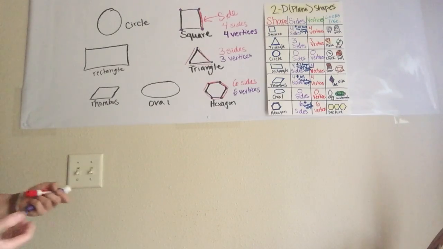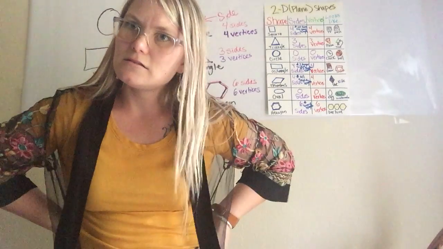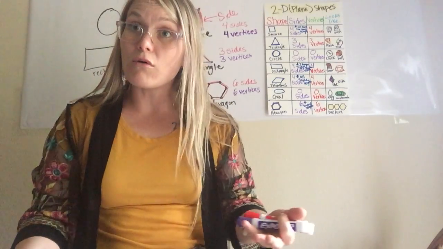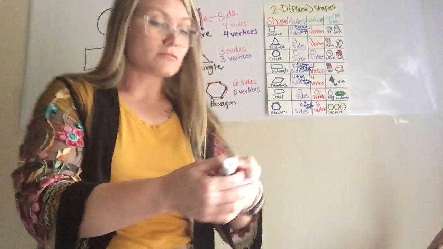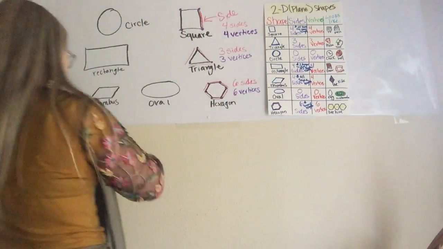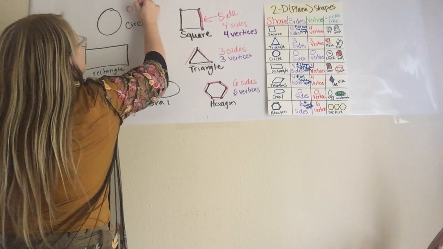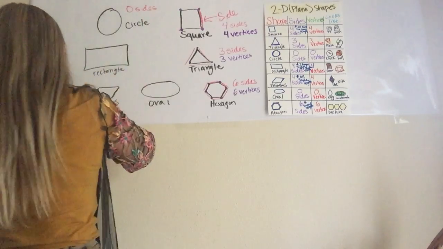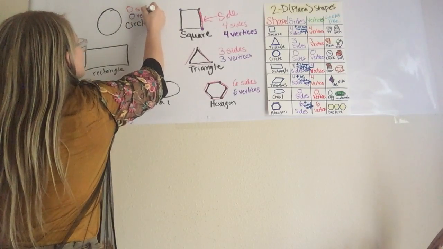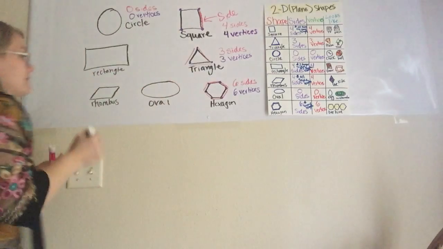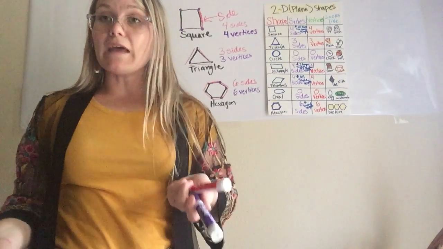So can it have sides or vertices? Can it? No, you're right, it can't. Let's go ahead and write that down. So since this circle doesn't have any straight lines, it has 0 sides and 0 vertices. Isn't that crazy? I can't believe it.